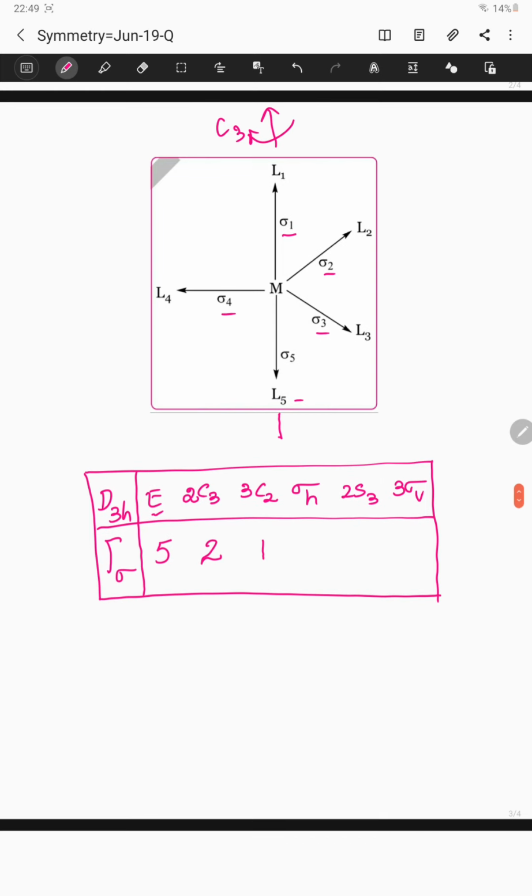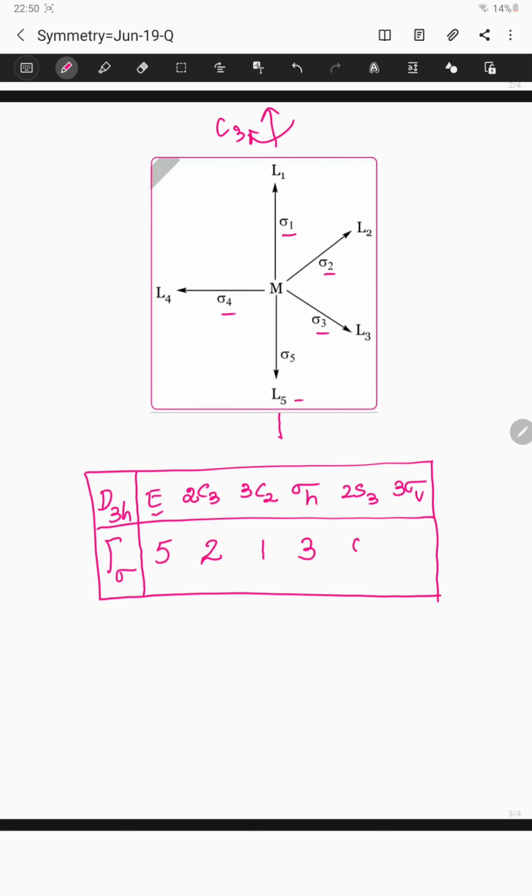Sigma h will pass through the equatorial bonds. There are 3 equatorial bonds which will be unshifted, therefore the character under the horizontal plane would be 3. S3 is collinear to C3, and wherever the C3 is passing, S3 would also pass. S3 is a combination element where C3 will shift L2, L3 and L4, and a perpendicular sigma h would also shift L1 and L5.